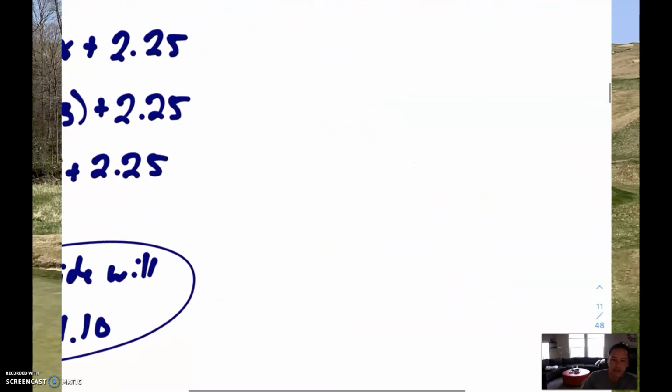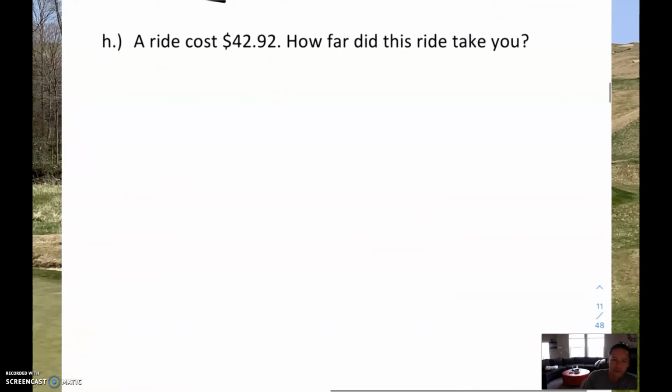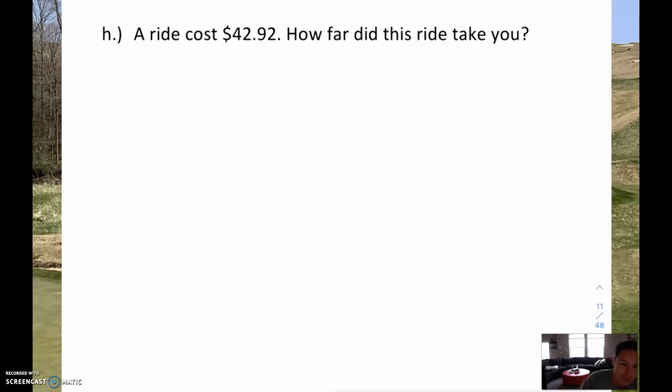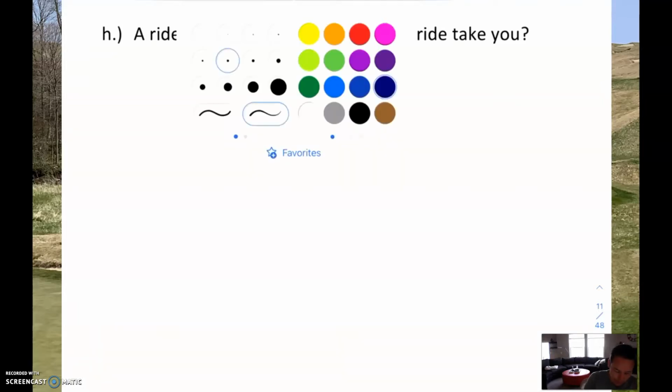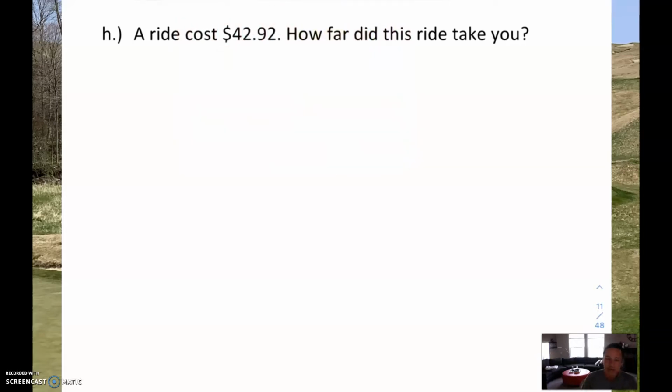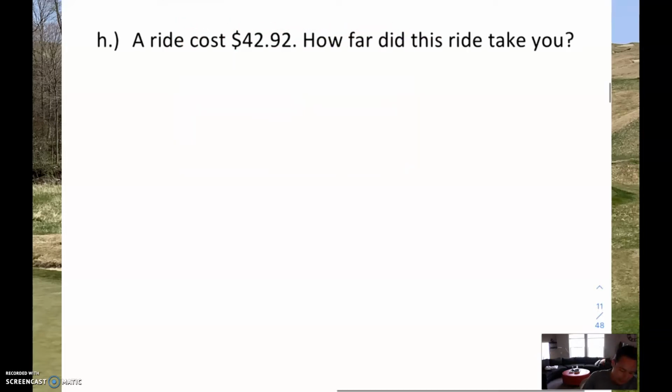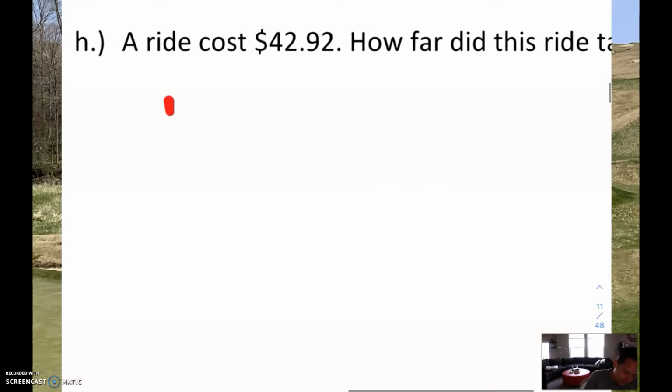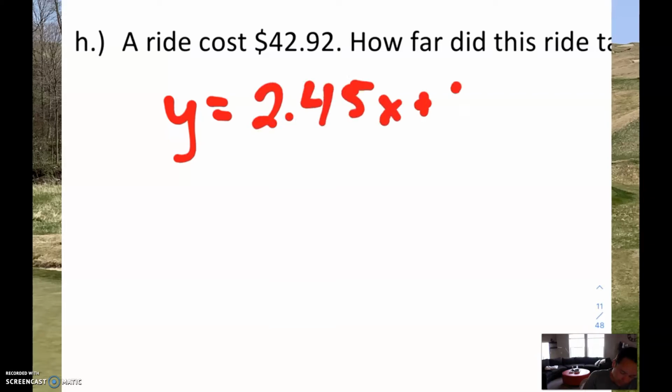Let's move on to one more. Oh, this is an expensive ride. This ride costs $42.92. I want to know, how far did this ride take you? Let's start with the blank copy of the formula. We get y equals 2.45x plus 2.25.